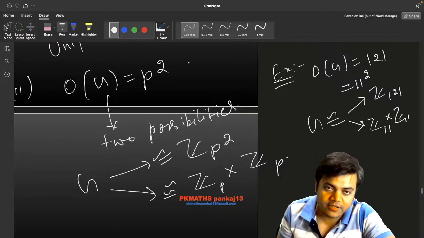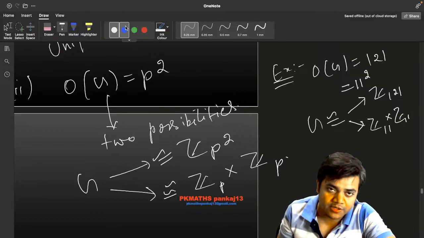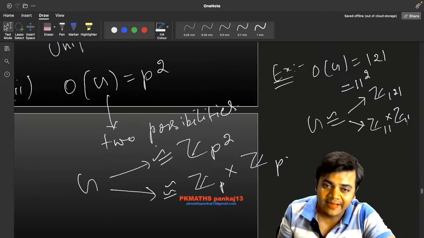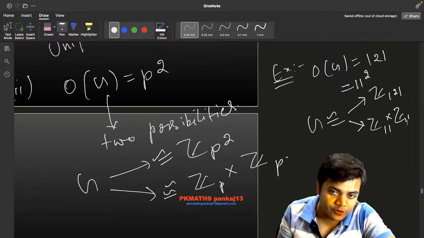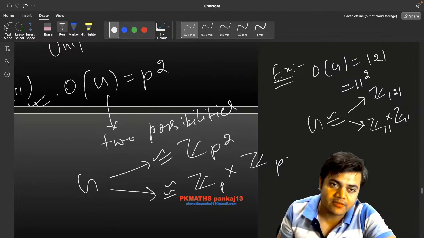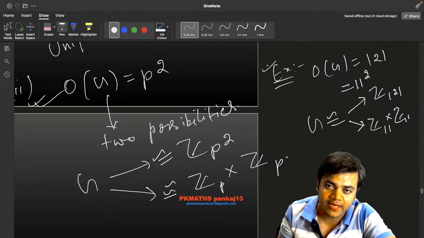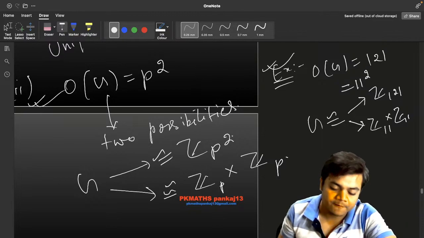So if the order of G is the square of a prime number, there are two possibilities for this G: either G is isomorphic to ZP square, or it is isomorphic to ZP cross ZP.